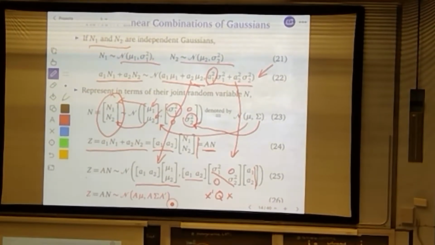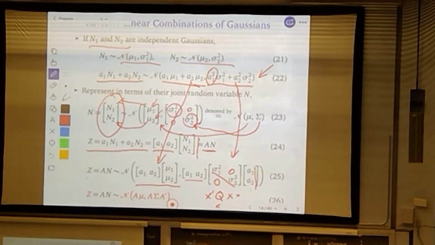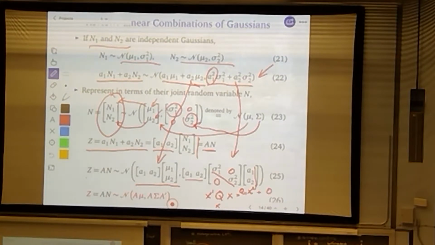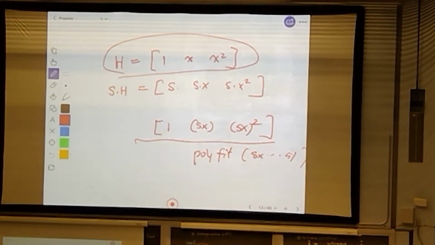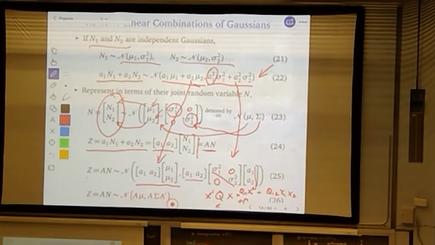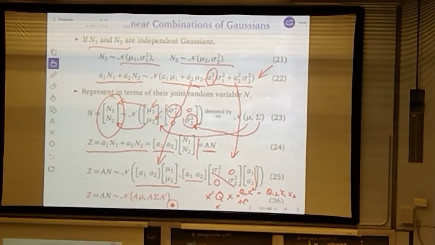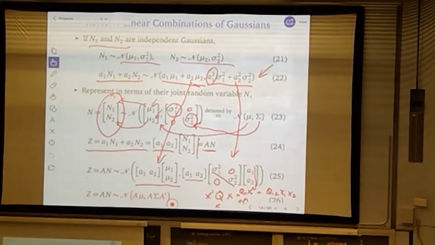The off-diagonal terms correspond to x1 squared q11 plus q12 x1 x2 plus q21 x2 x1 and plus q22 x2 squared, right?